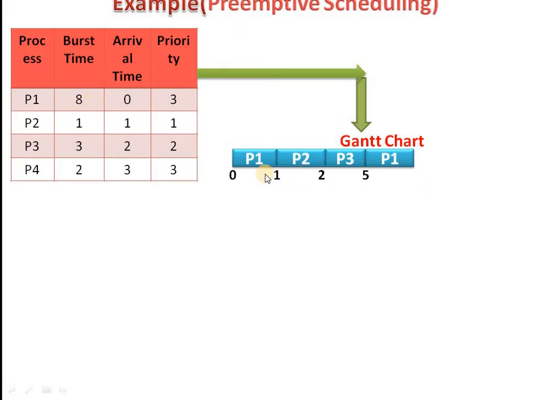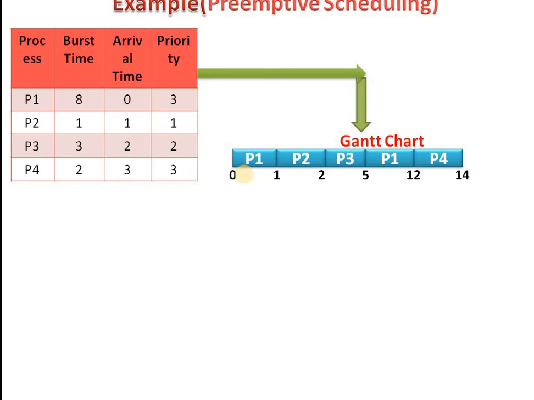P1 initially executed 1 millisecond, so the remaining is 7 milliseconds, so 5 plus 7 is 12, and lastly P4 will get executed and its CPU burst time is 2. So 12 plus 2 is 14 milliseconds. Here all are executed completely.